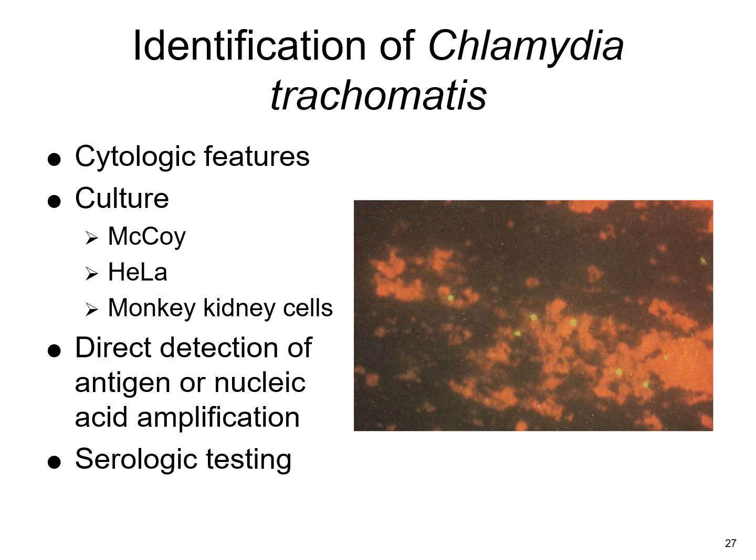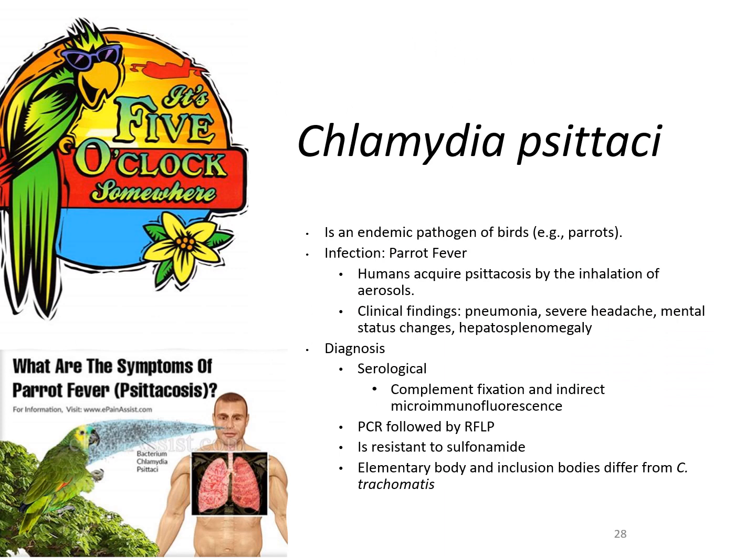This organism can be cultivated through McCoy agar, HeLa agar, monkey kidney cells, or it can also be detected through direct detection of the antigens, nucleic acid amplification testing, and different serological testing methods.